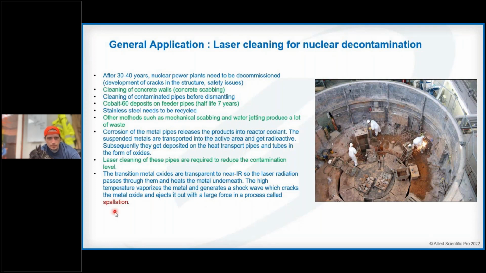This process is called spallation, which we talked about when we were talking about the car industry. So this would work very well for the nuclear industry. We have done some measurements and some cleaning at Canadian National Lab, which is our nuclear center here in Canada.